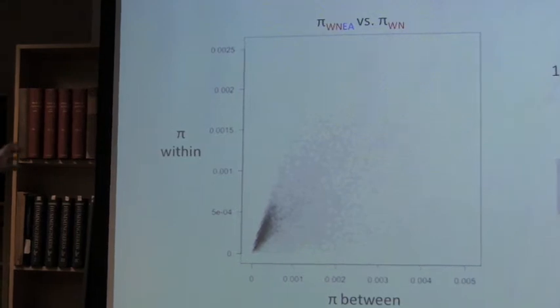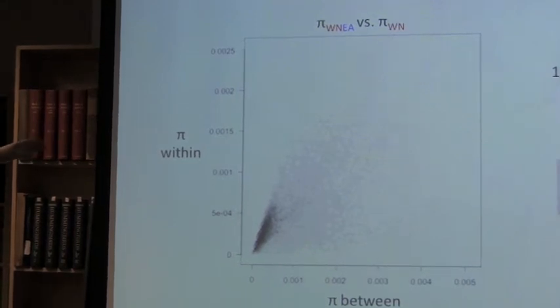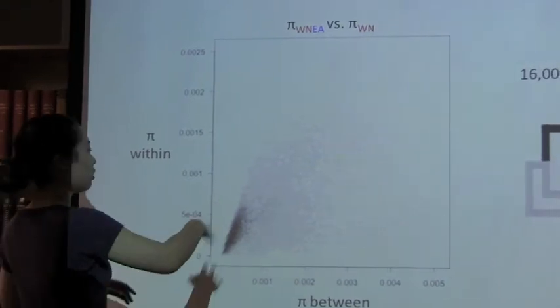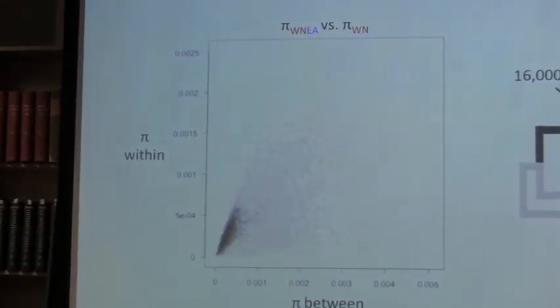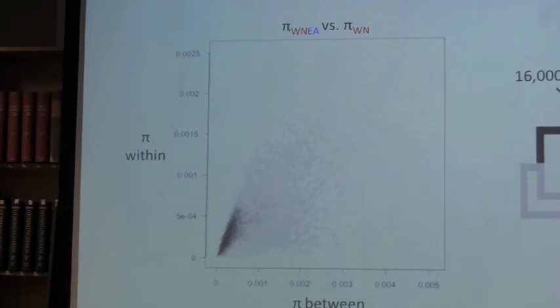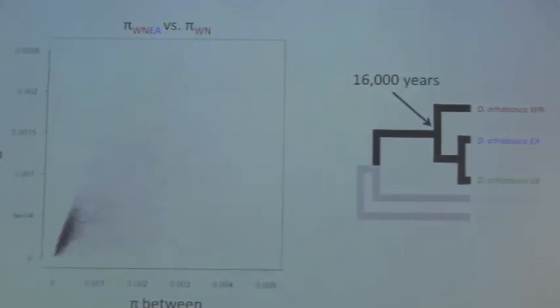So if you make this plot for pi between western northern and eastern A using pi within from western northern, it looks identical to the pi within using eastern A. But the general picture you get here is that there's just a blob. You don't really see an outlier. Maybe this gray was not the best choice of color. So really, it's just a cloud of mist.